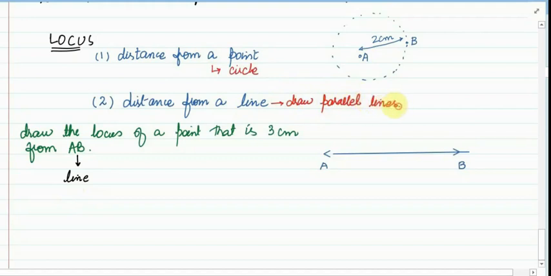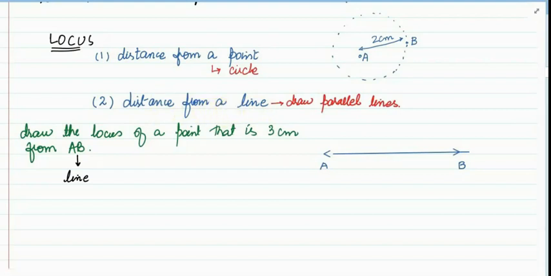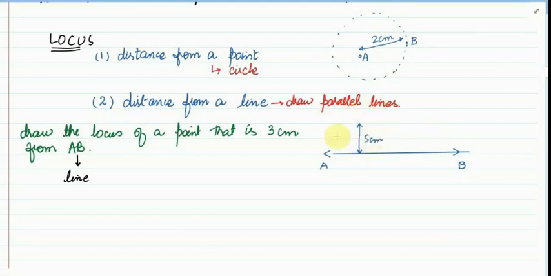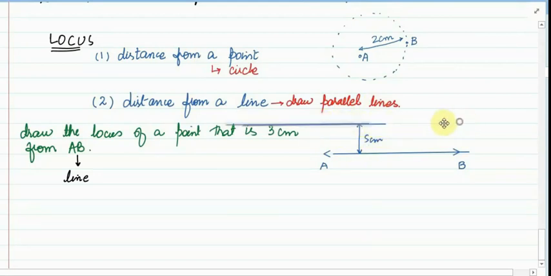Now the things that I am writing in the red pen are very important, and you need to remember that. In a question, it says C is 5 centimeters from the line AB, or construct the locus of a point that is 5 centimeters from the line AB. That means now you need to apply this condition, right? Now how are you going to plot it? First you will mark a distance of 5 centimeters, and then you will make a line here like this.